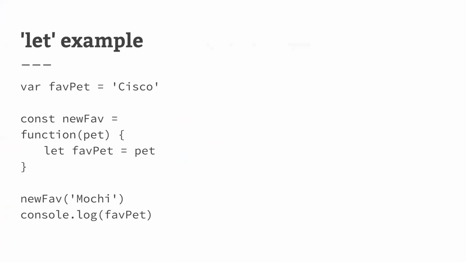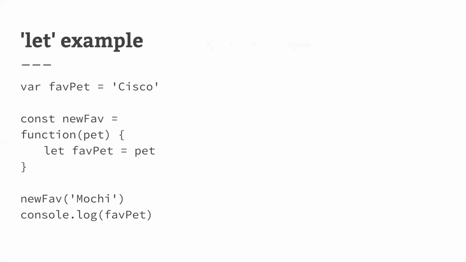Within new fave, the favorite pet has clobbered, overwritten the global favorite pet. But then once we're back out, the favorite pet reverts to the global. So what is that console.log going to do? It's going to be Cisco.